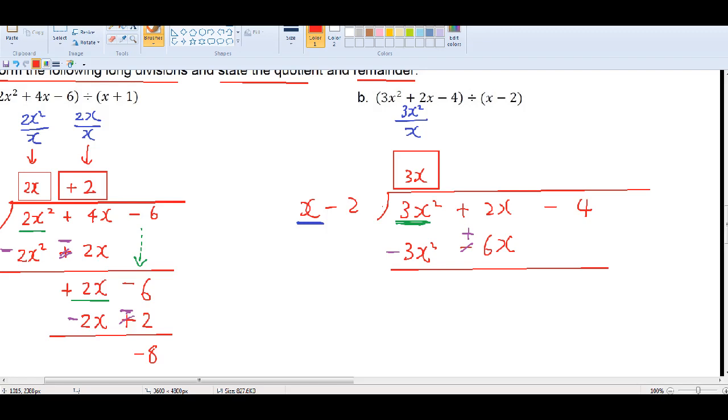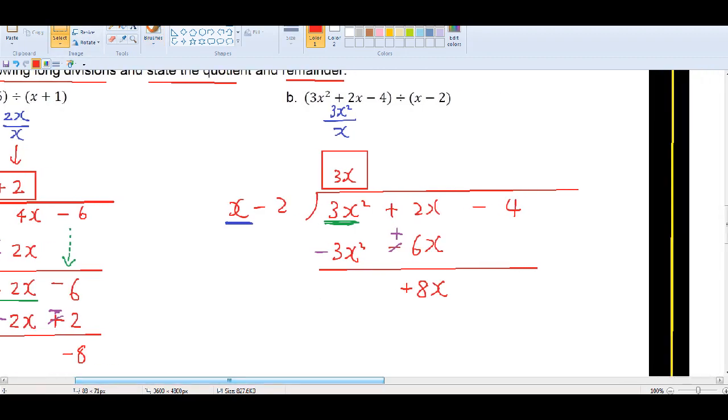It's just like taking away, right? So 3x squared minus 3x squared should be 0. It must be 0. And 2x plus 6x will be plus 8x. Since this one becomes 0, we just cancel it out.